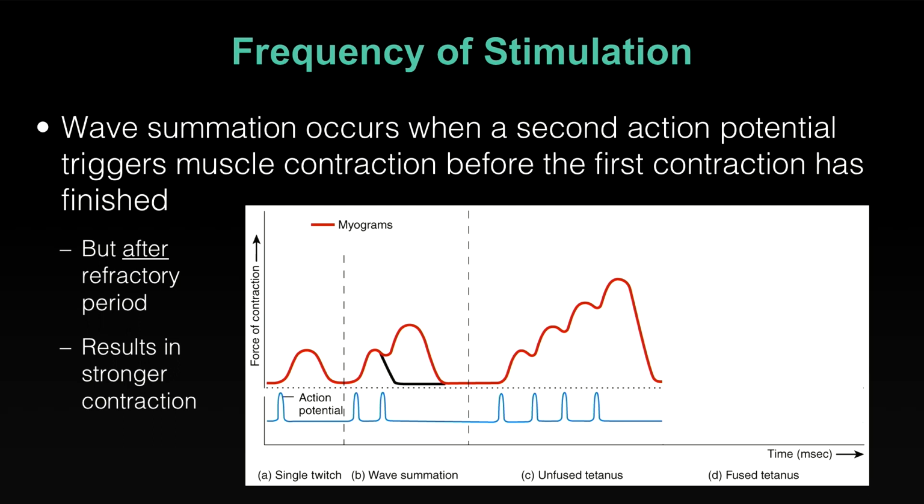You know this style of contraction is unfused tetanus. What that means is we allow some relaxation to occur. Tetanus describes completely tense, contracted, rigid muscle. That's not the case here. We allow some relaxation before stimulating it again.